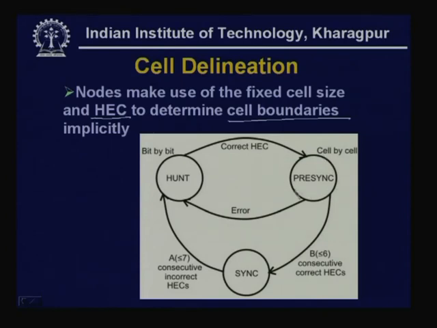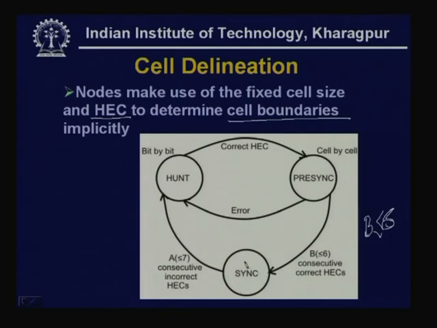So, it is in a pre-synchronization phase, and whenever it receives several consecutive correct HECs, then it goes to synchronization mode. That means usually this value of B is not less than 6, usually 5. So, if you keep it 5, that means 5 cells are received correctly, that means the header error control is correct, then it goes to synchronization.